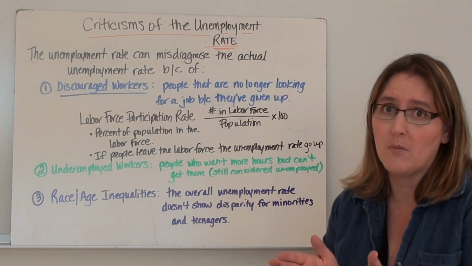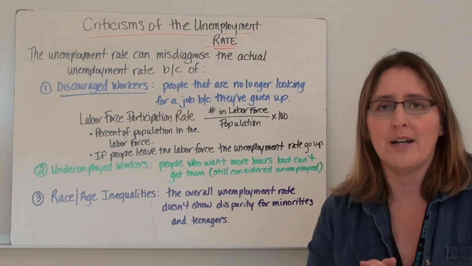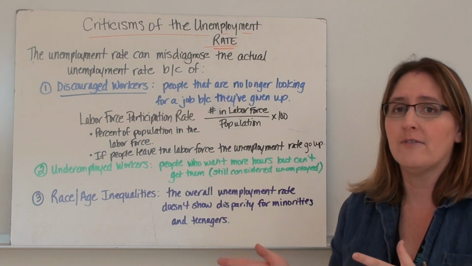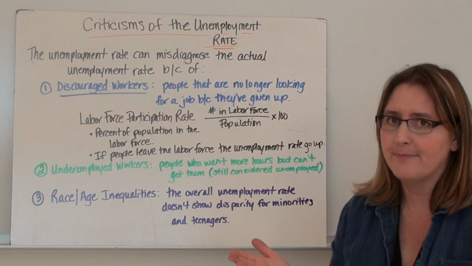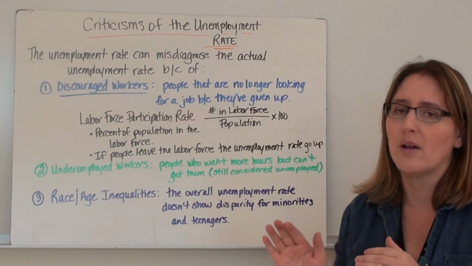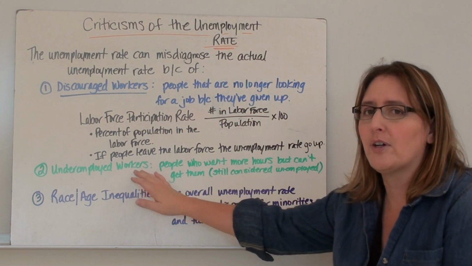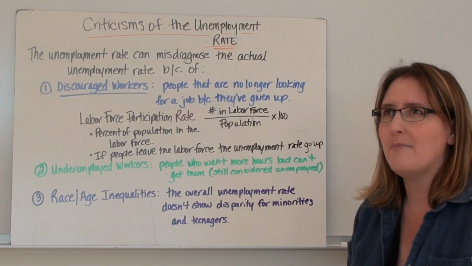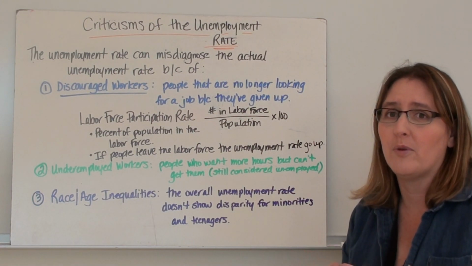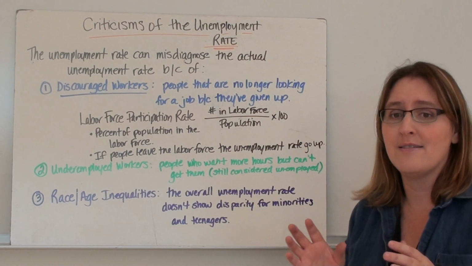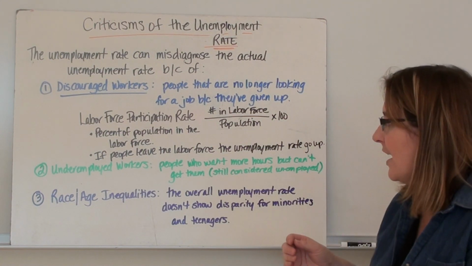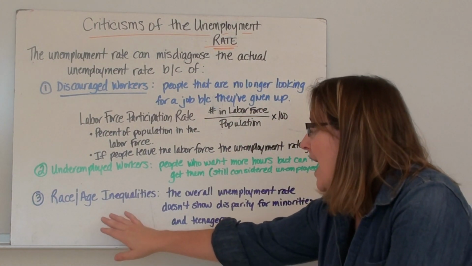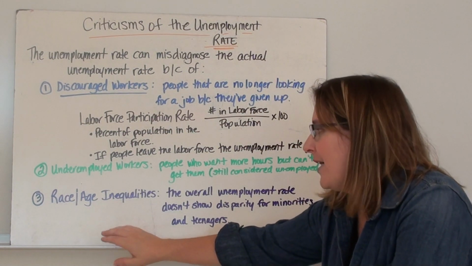It might be a full-time job, but they could be at a job where they could be making more money. Doesn't matter if they're looking for that or not, they have a job, so they're not in the unemployment rate. So those underemployed workers is another way that it makes the unemployment rate that we use seem a little bit not as truthful.